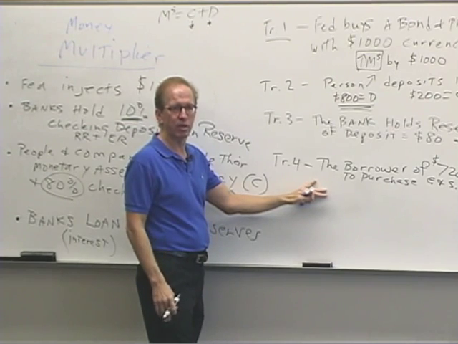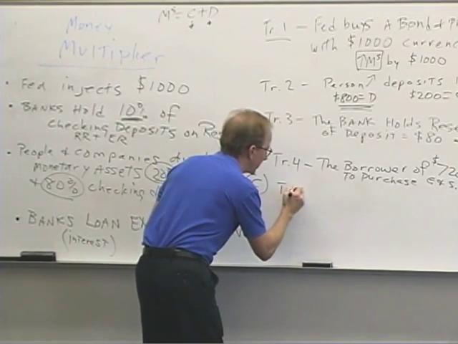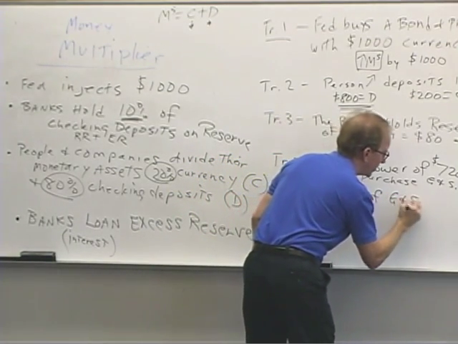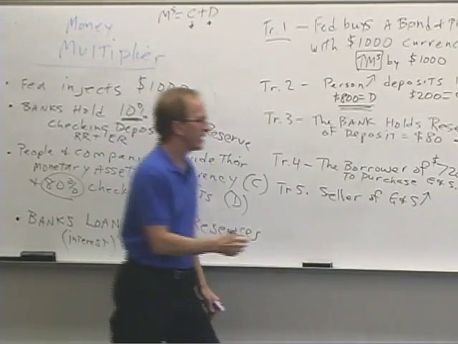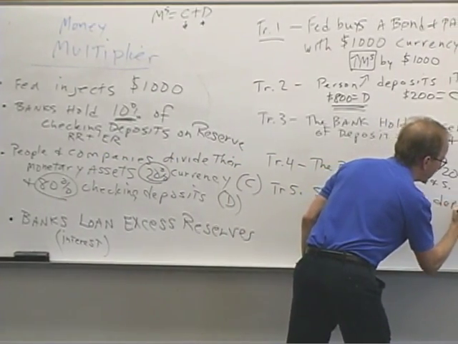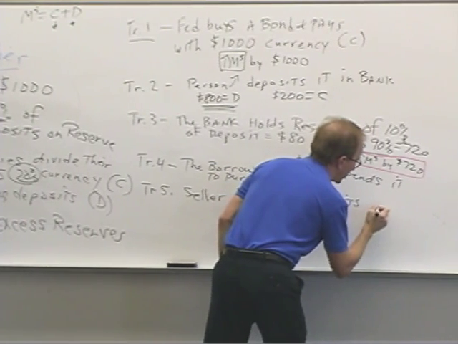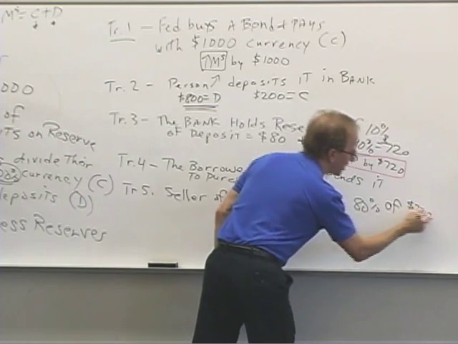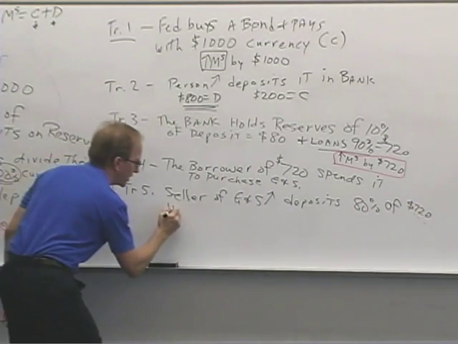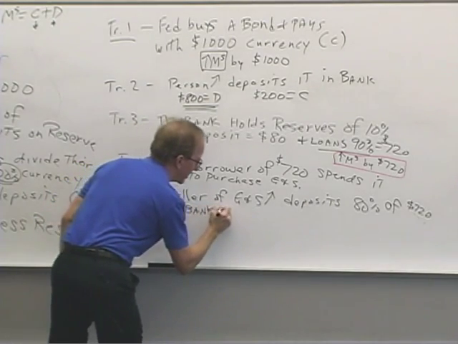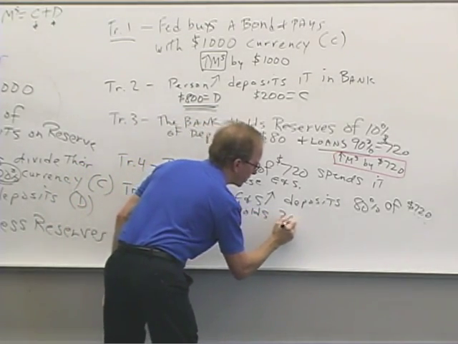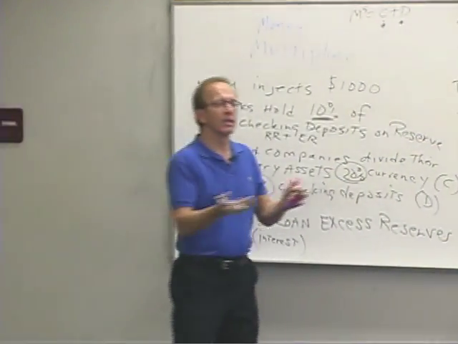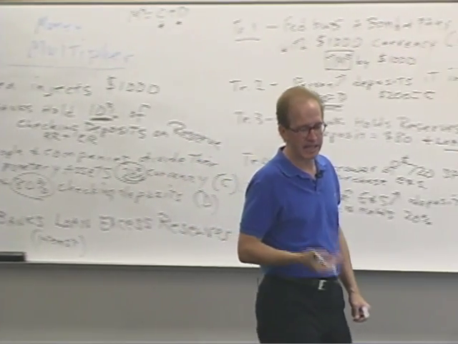It's still $1,720. Transaction 5. The seller of the goods and services, this person that we just talked about, deposits 80% of the 720 in the bank and holds 20%, because that was our assumption, of our monetary assets, we'll keep 20% as currency.